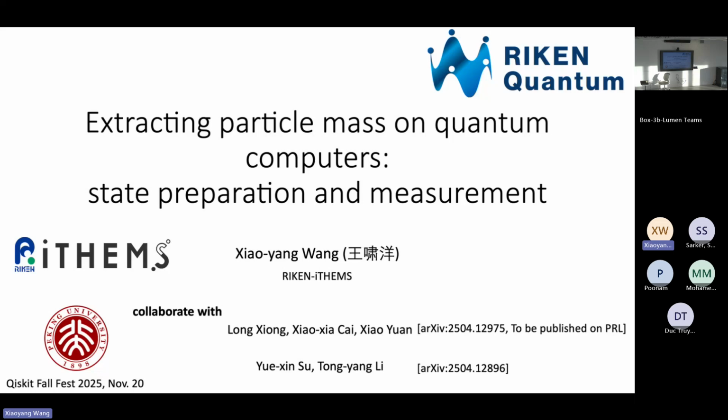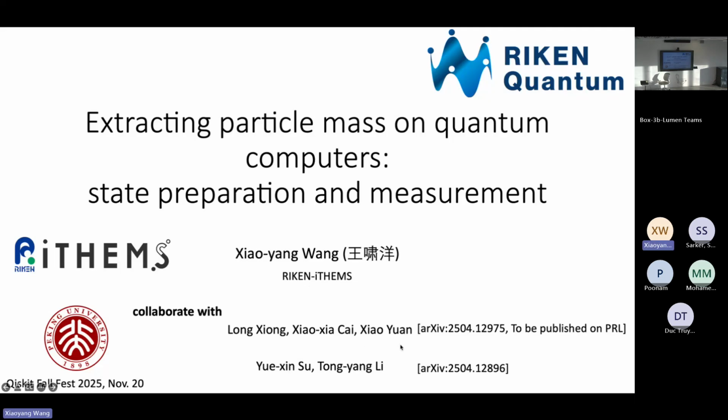I will talk about how to extract the particle mass using the quantum computer, and I will introduce the state preparation and measurement algorithm that we proposed recently. My name is Xiaoyang Wang from Recon Items. Our work is in collaboration with Longxiong, Xia Cai, Xiao Yuan, and Yuexin Su, and Tongyang Li from Peking University.